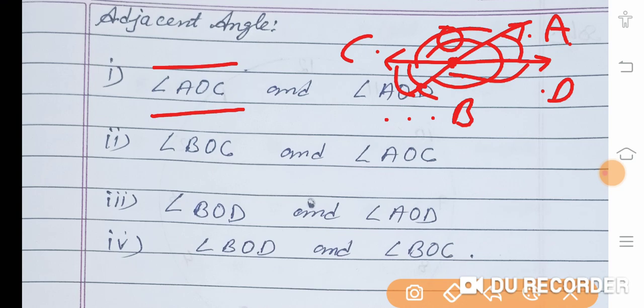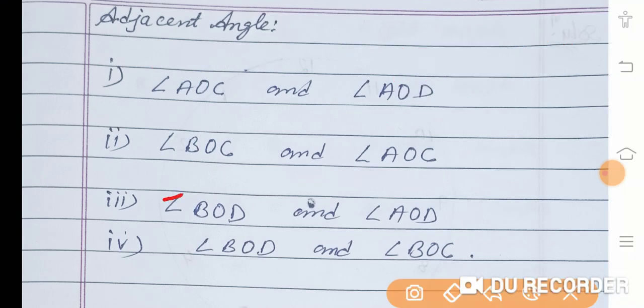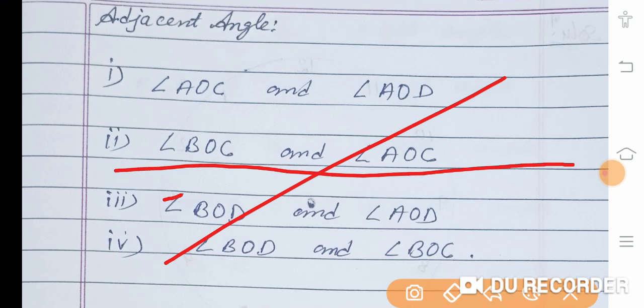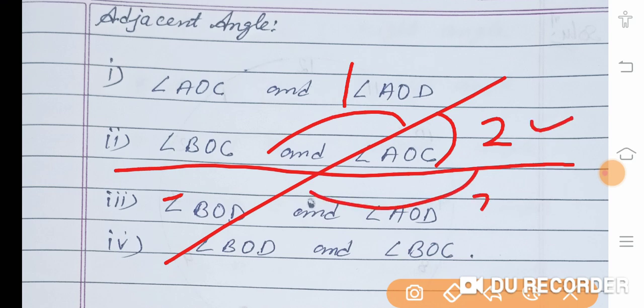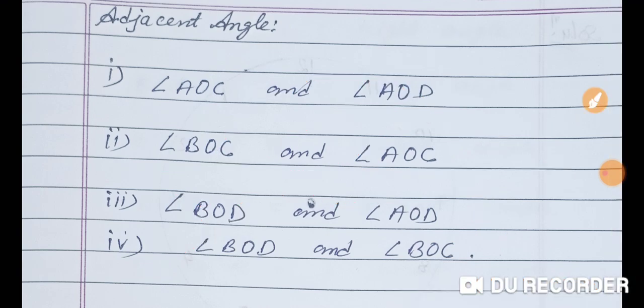Suppose, please wait once again. This and this both are adjacent to each other, and this second will be adjacent to the third, and third is adjacent to the fourth, fourth is adjacent to the first, like that. Okay, my dear.